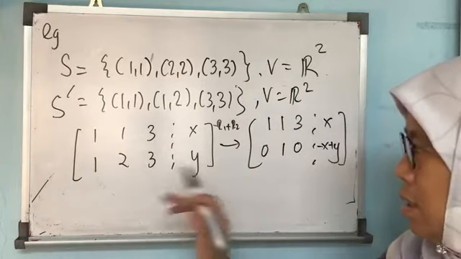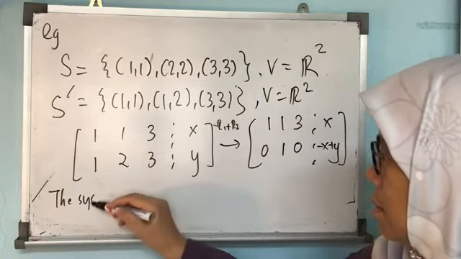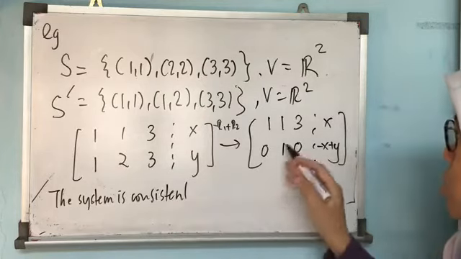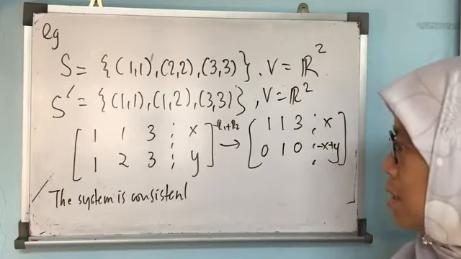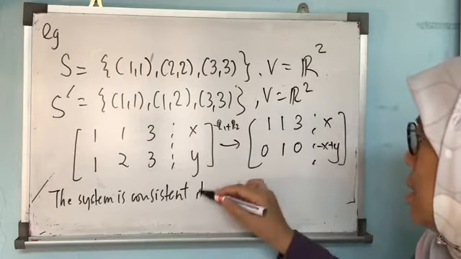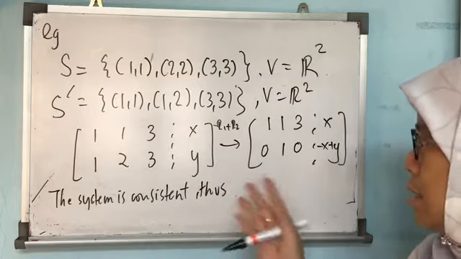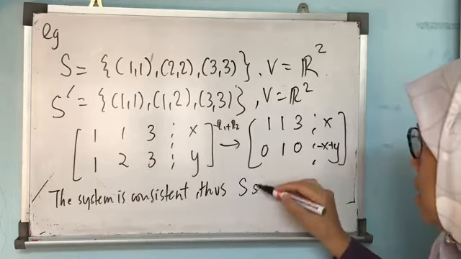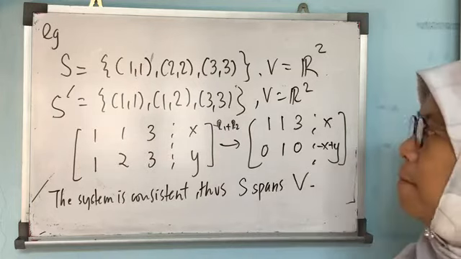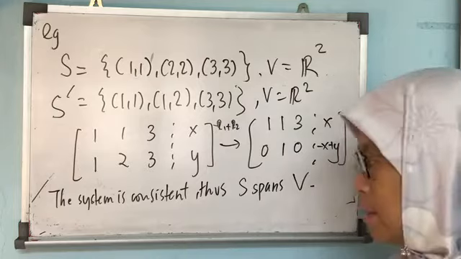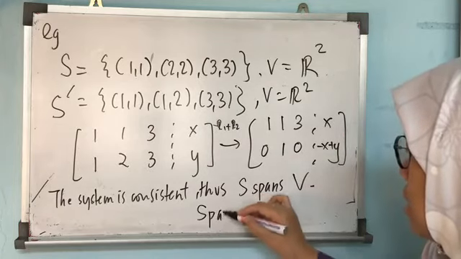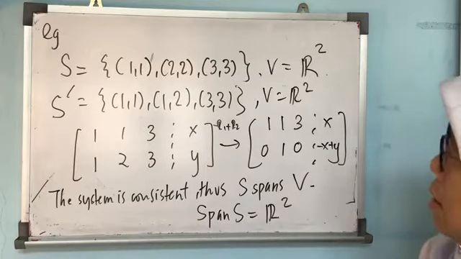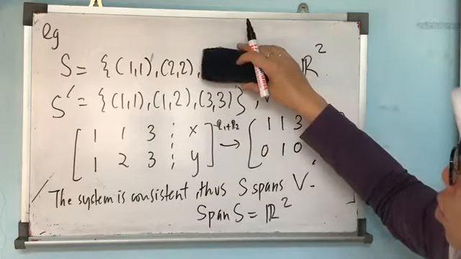So the system is consistent, right? The rank is 2. The system is consistent. Thus, the C1, C2, C3 exist for any xy. Thus, S spans V. So in this case, yes. Meaning, span S equals R2. Just these two will span the whole R2.